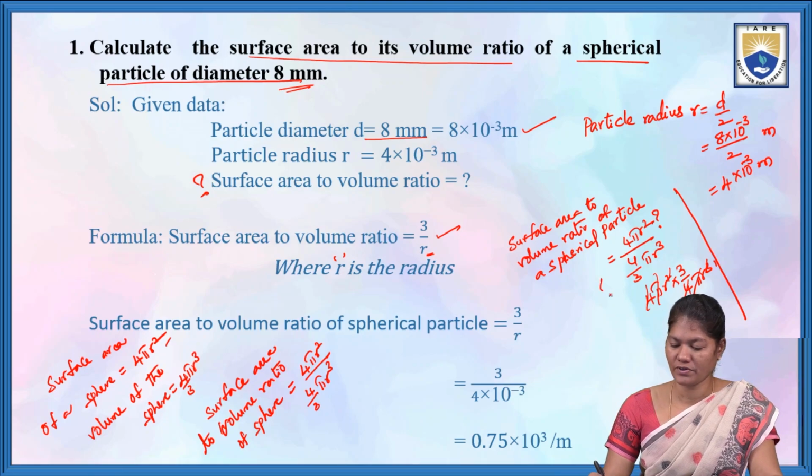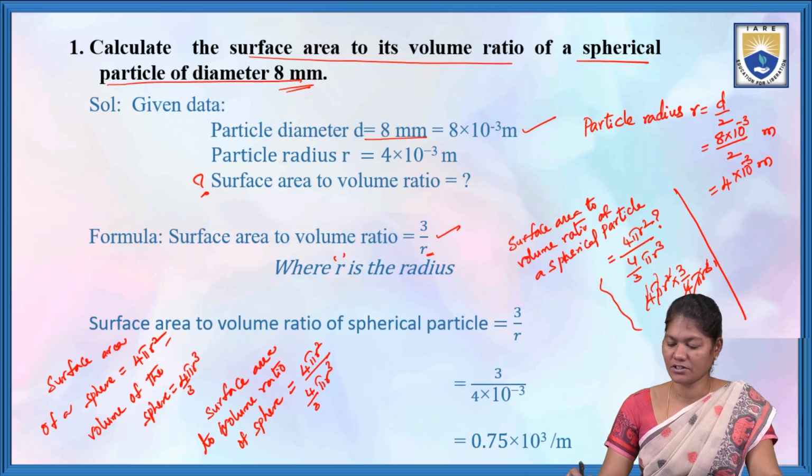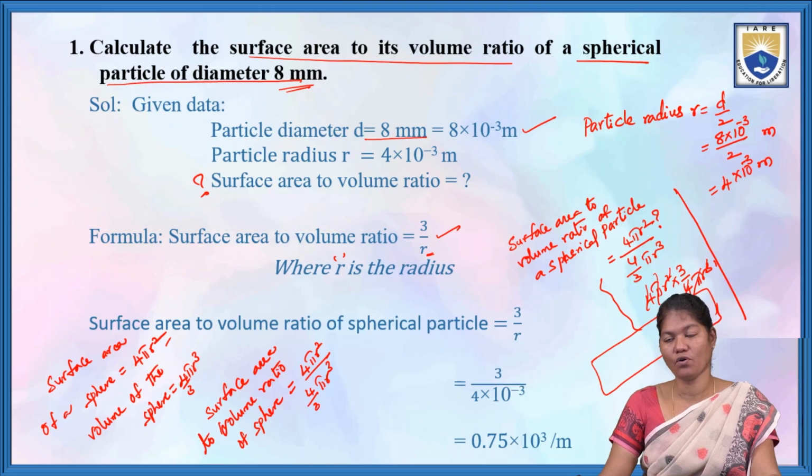When simplifying, we'll get 3 by r. This is the surface area to volume ratio of a sphere.